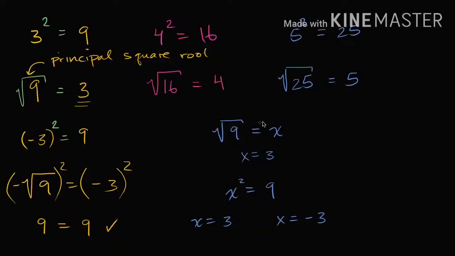So these two statements are almost equivalent, although when you look at this one, there are two x's that satisfy it, while there's only one x that satisfies the other, because that is the positive square root. If people wanted to write something equivalent where you would have two x's, you might see something like plus or minus the square root of 9 is equal to x, and now x could take on positive 3 or negative 3.